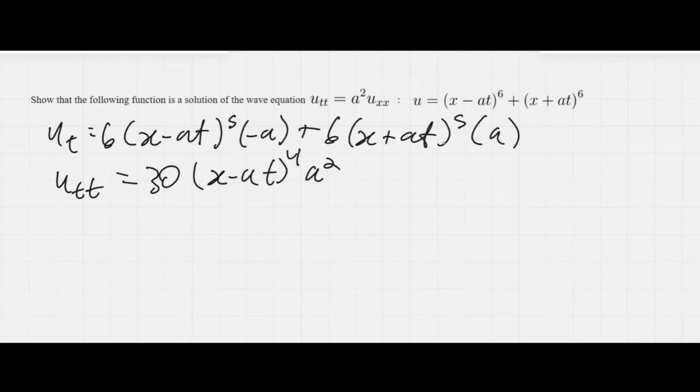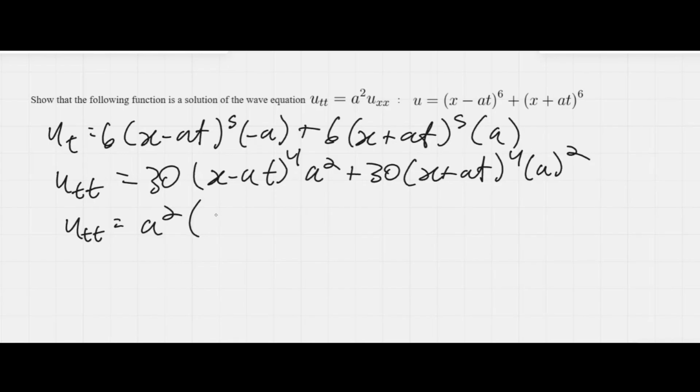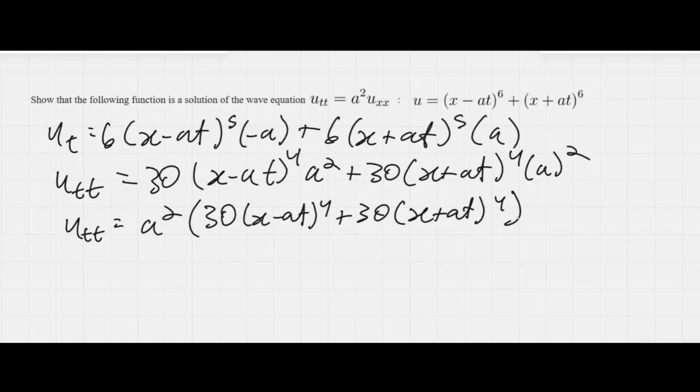We're going to do the same thing for the second term, and it's going to amount to the exact same thing. It's going to be 30 x plus at to the power of 4. Yet again, we're taking out an a because the derivative of x plus at, treating x as a constant, is going to be a, and so it's going to be a squared over here as well. So u sub tt is equal to a squared, and then in huge brackets, 30 x minus at to the power of 4 plus 30 x plus at to the power of 4.